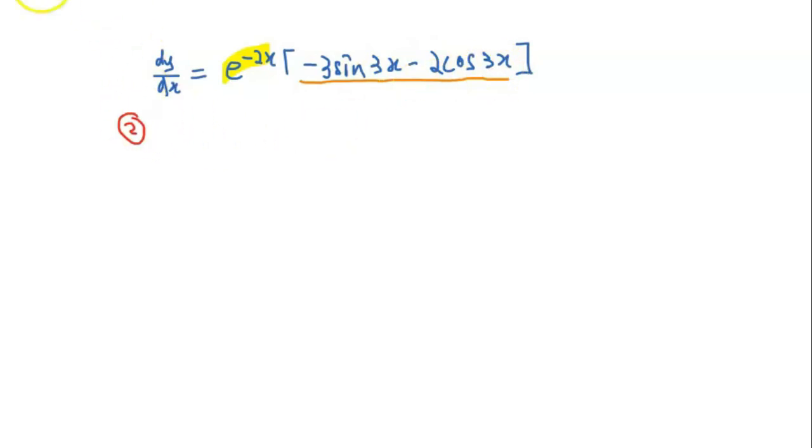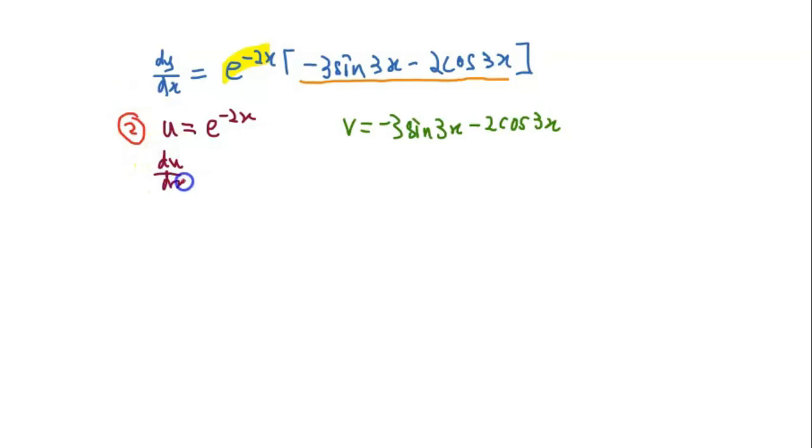So, first, let u equal the first function e to the power of negative 2x. Then v equals the second function negative 3 sin 3x minus 2 cos 3x.